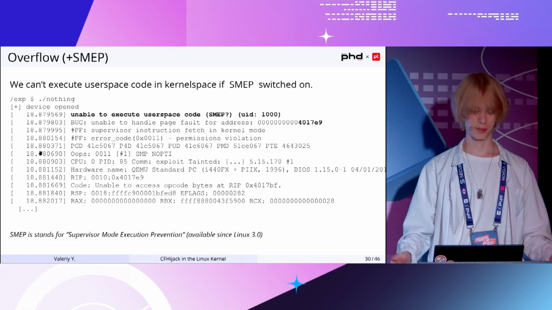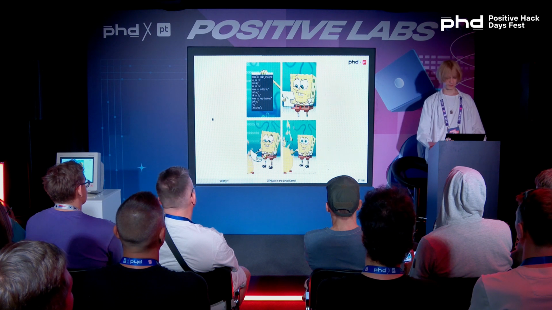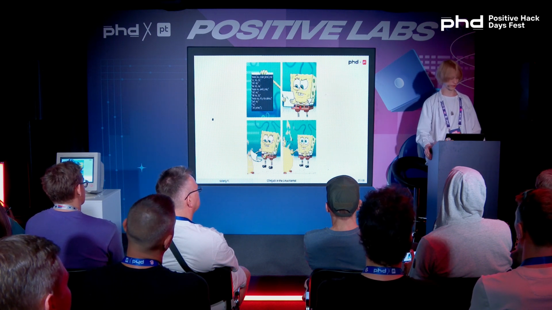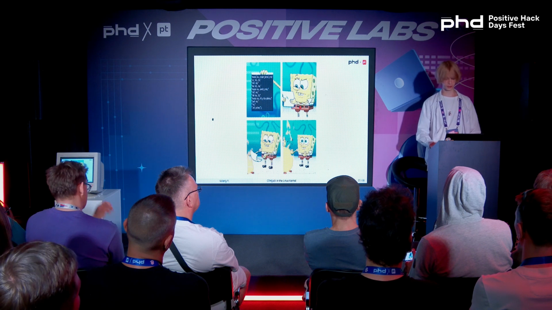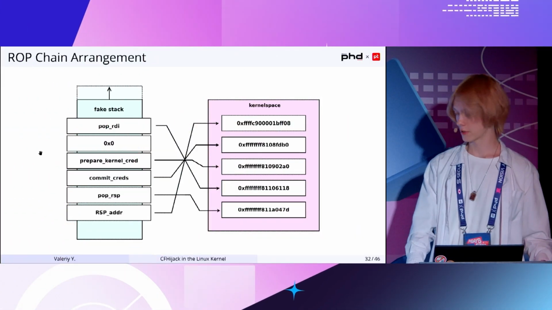Which means that the code that you're trying to execute is in the user space, and it can't be done like that. So you might think that everything was in vain because the kernel can now be thrown out into the waste bucket, but actually we can use the knowledge to adapt for the new environment.